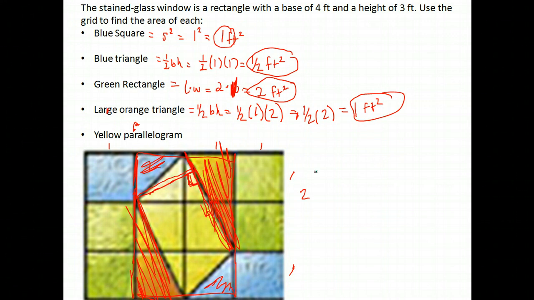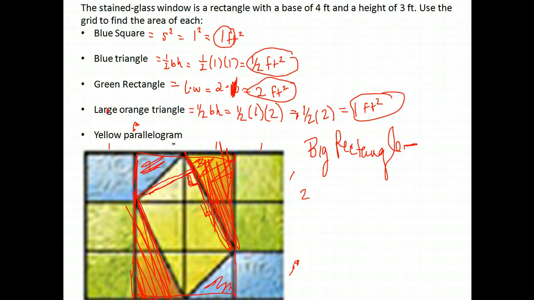I'm going to start by finding the area of that big rectangle. And then what I'll do is subtract those red places I've colored in, because I know the area of those things, and what's left will give me that parallelogram on the inside. So we'll have to be a little more inventive on this one.